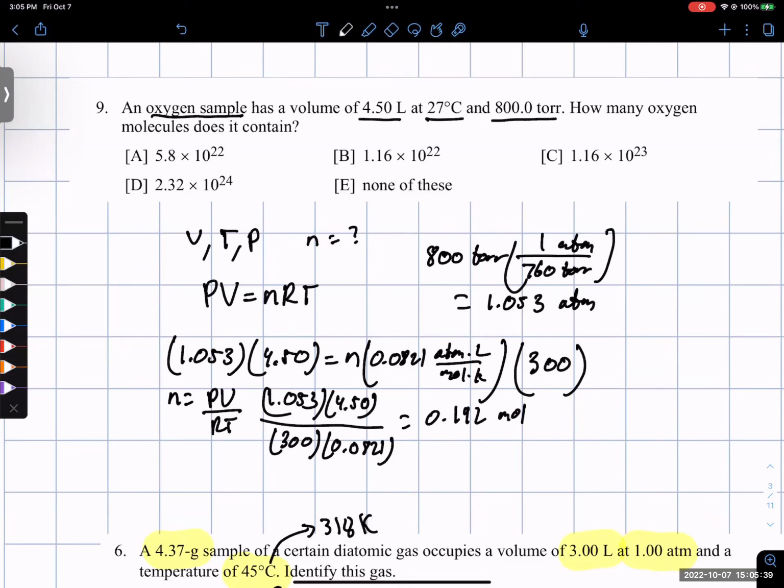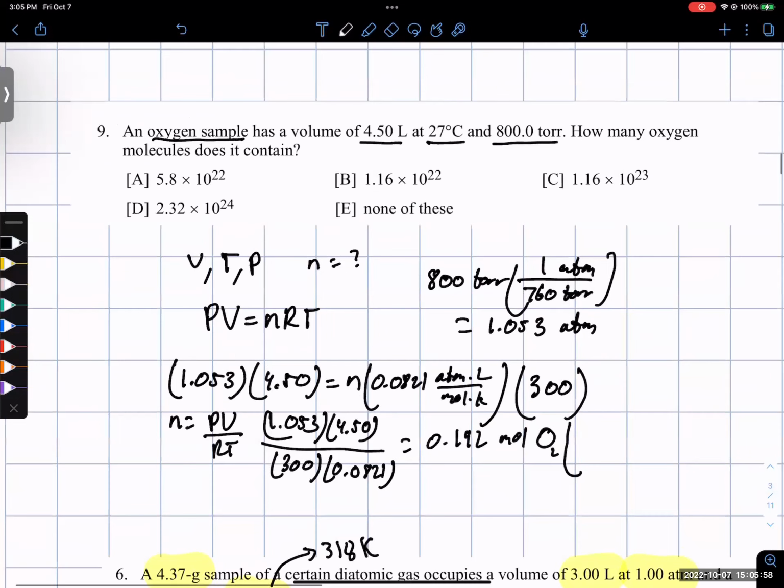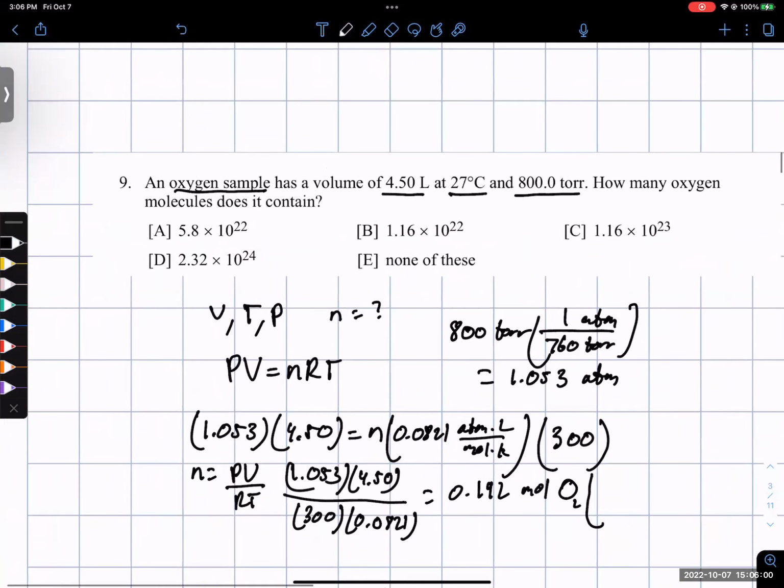Moles of what though? This is oxygen. Moles of O. It's actually O2. Just make sure you're paying attention. Moles of O2. Because remember, your oxygen is diatomic. So regular O will never just straight up exist. It'll always be in pairs.